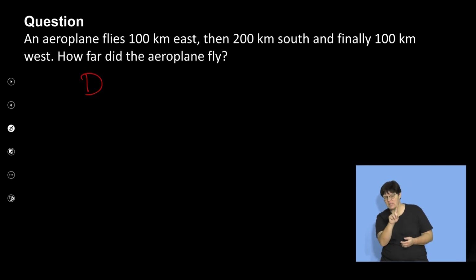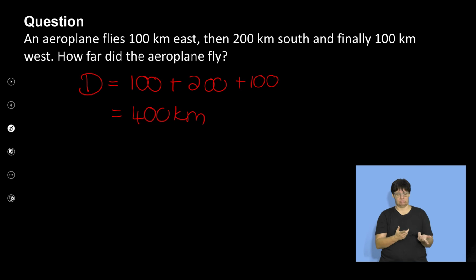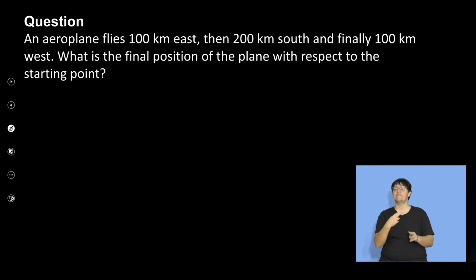So distance, it went 100, then it went 200, then it went 100 again, so that's 400 kilometers, okay? We don't care about displacement. Then they say, what is the final position of the aeroplane with respect to the starting point?